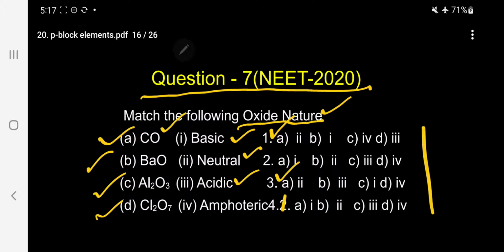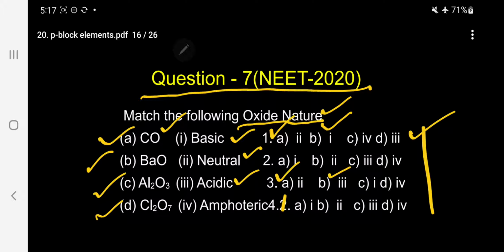The second is barium oxide, which is basic, so it is B1. Here it is B1, and here it is B3. So automatically you got the answer. Answer 1 is the correct answer, because B3 says acidic, and barium oxide is not acidic.